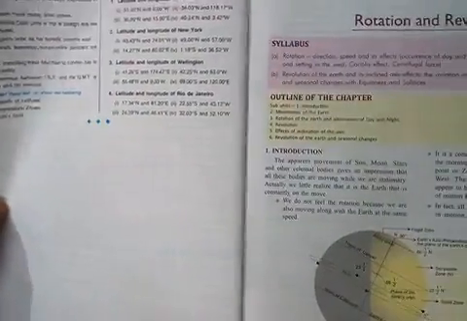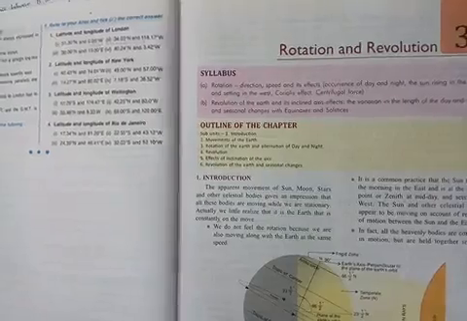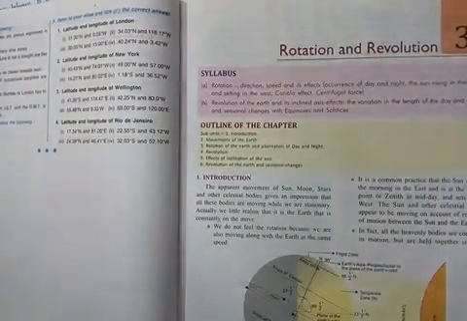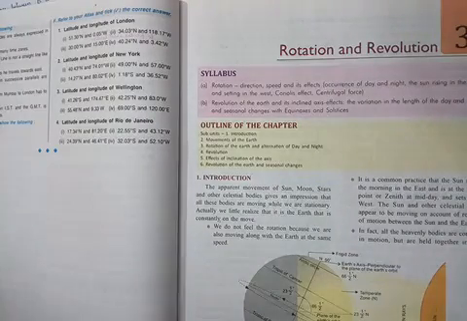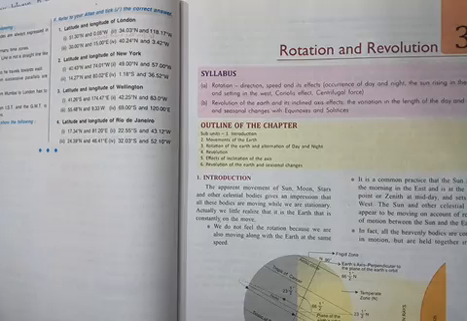Now let me give you a glimpse of what we are going to start next period. Next session we are going to start the third chapter, that is rotation and revolution. And those who have arranged the book, it is good for you.